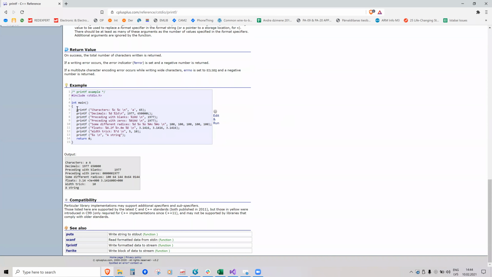For example, in your code, you write printf, then you write the text that you want to print. And if the text has special % sign characters, then you can also print out some numbers or texts, and these things will be automatically formatted and then printed out.